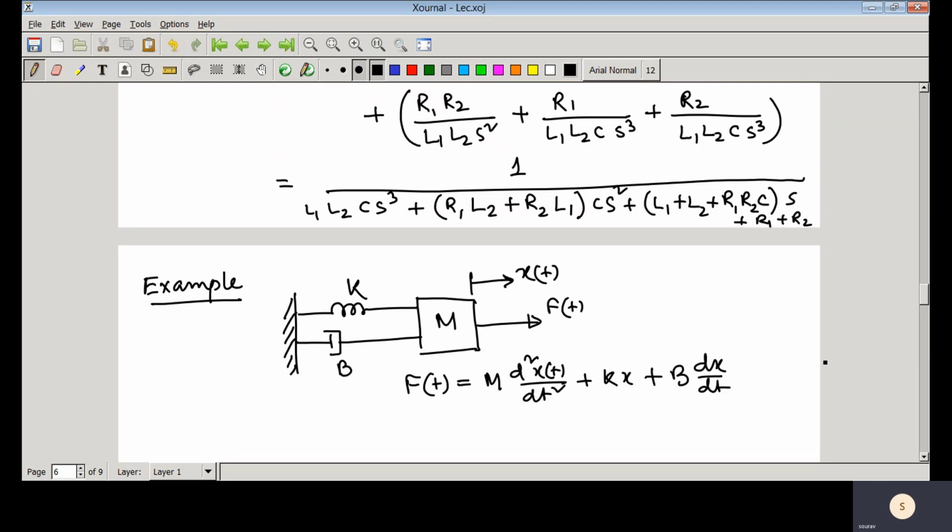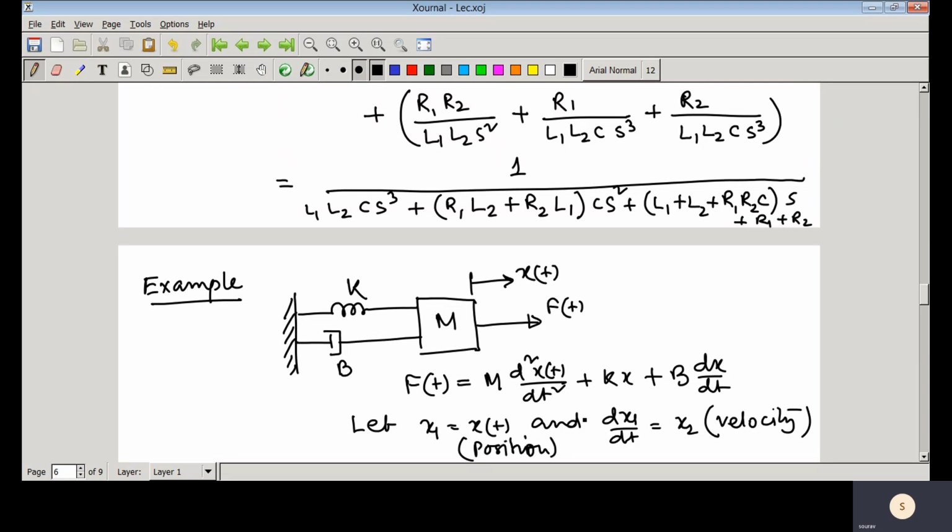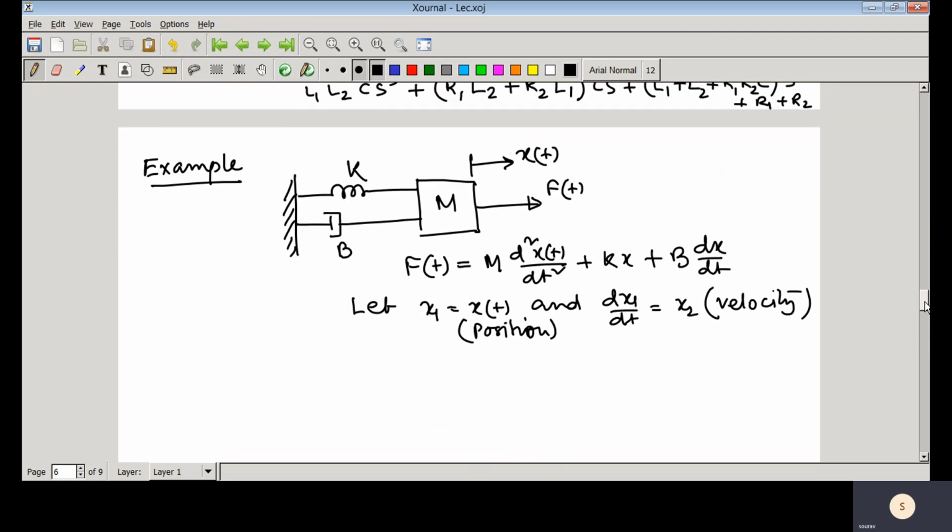So this is the differential equation, and let x1 equal to xt. So this is one state variable, and the other state variable is the derivative of this one, that is dx1 by dt equal to x2. So this is velocity, and that is position. So we have taken two state variables, one is the velocity, another one is the position.